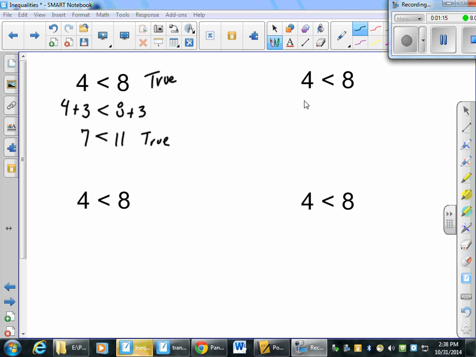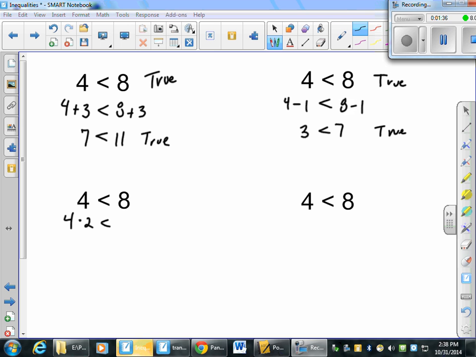What about subtraction? Let's subtract 1 from both sides. We would get 3 is less than 7, which of course is still true. How about multiplication?